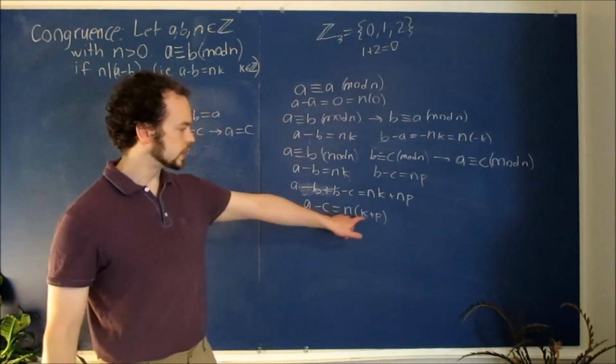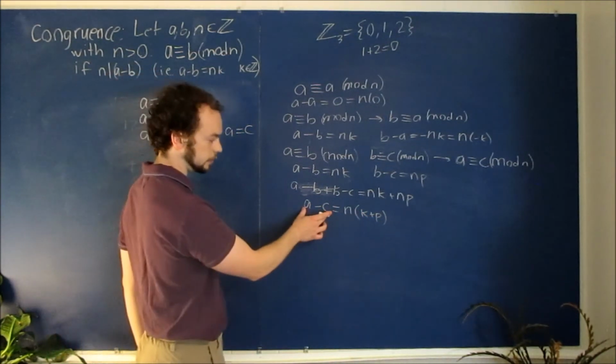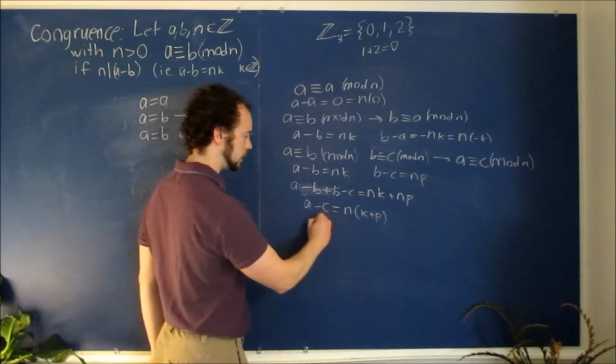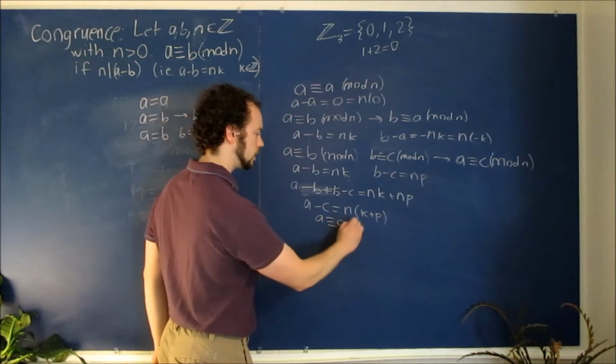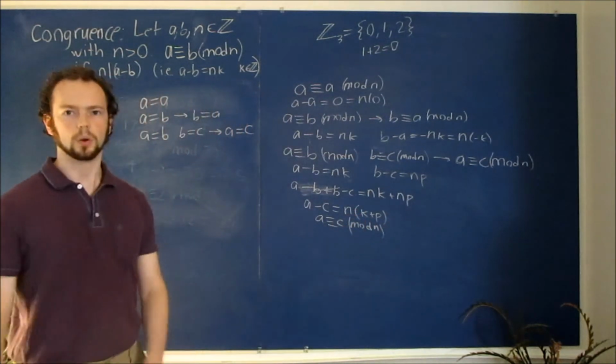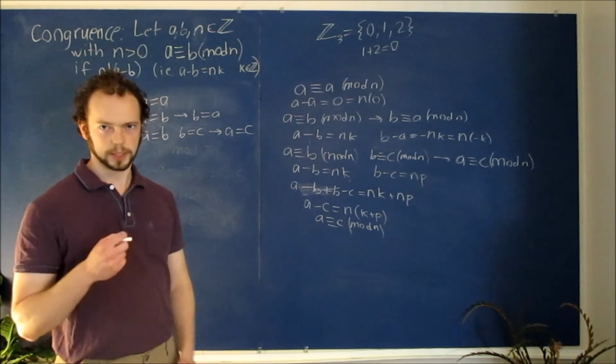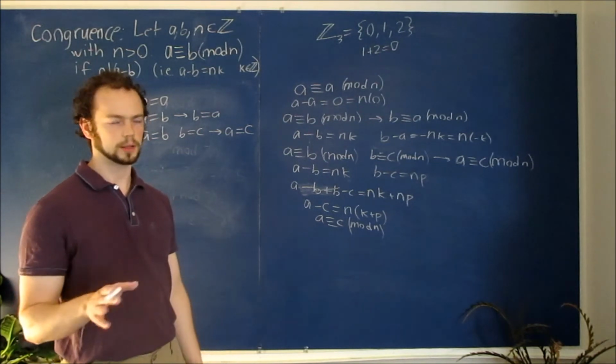And since k and p are integers, k plus p is certainly an integer. Therefore, a is congruent to c mod n. So transitivity holds as well. So the fact that these three properties hold will be very important later on.